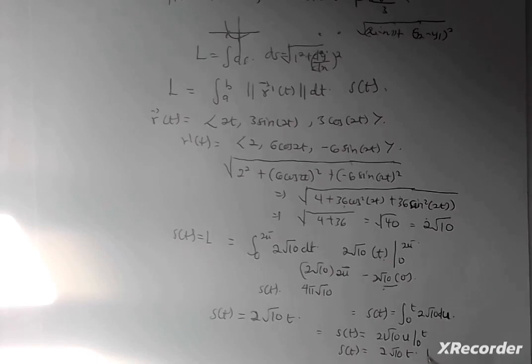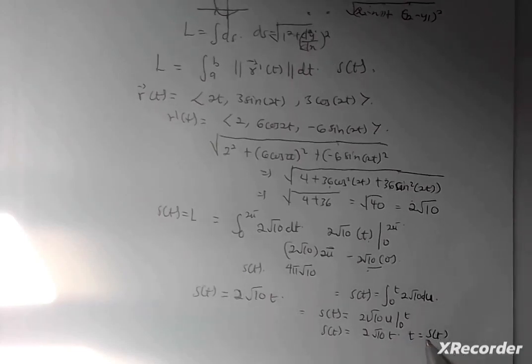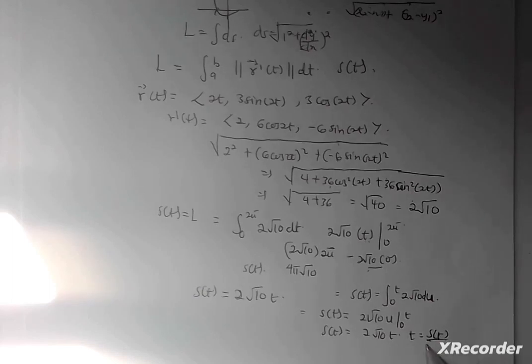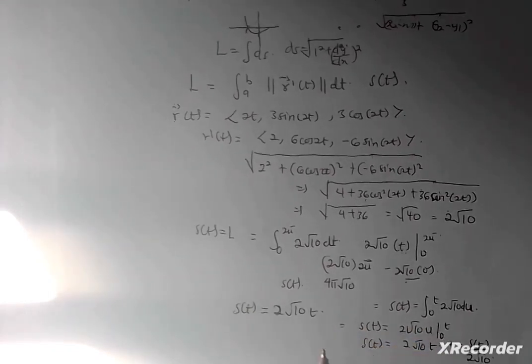Then I make t the subject, which gives t equal to s of t all over 2 root 10. Once I get this, I put it back into my main function. So I have t equal to s over 2 root 10, and wherever I see t, I put that there.